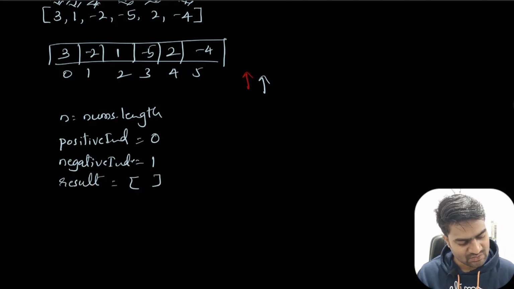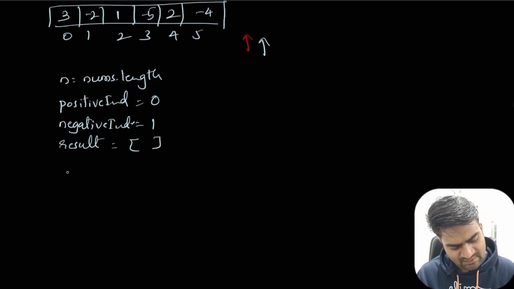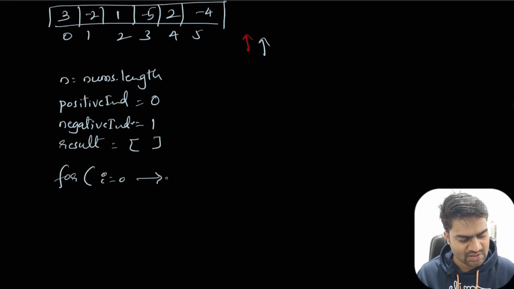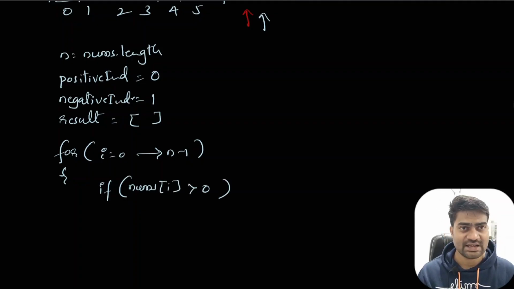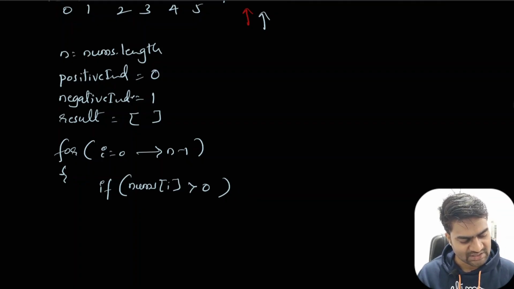Okay, so after this, I will iterate over numbers for i equal to 0 to n minus 1. So if nums of i is greater than 0, then it is a positive number. Correct, right?